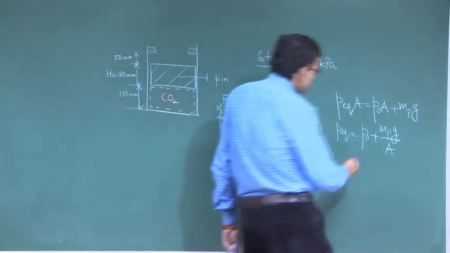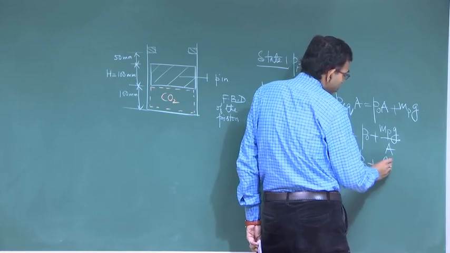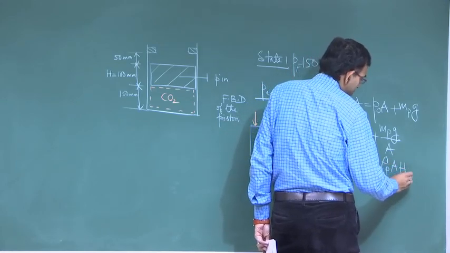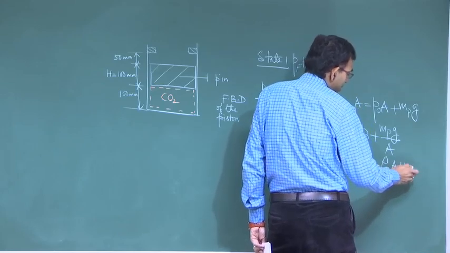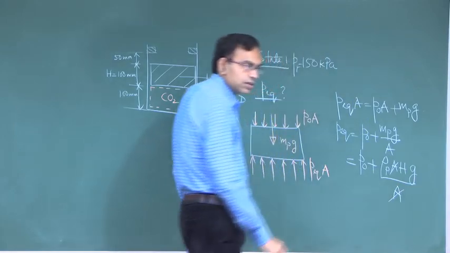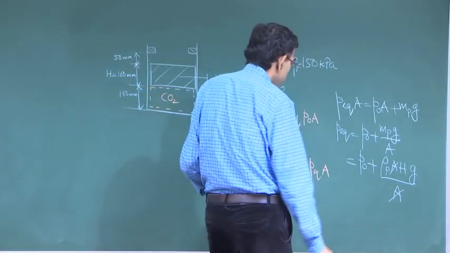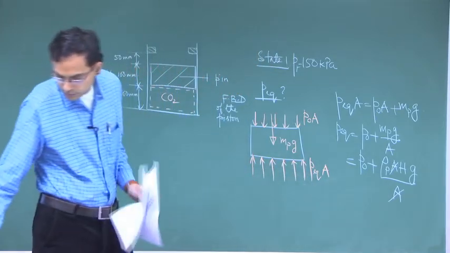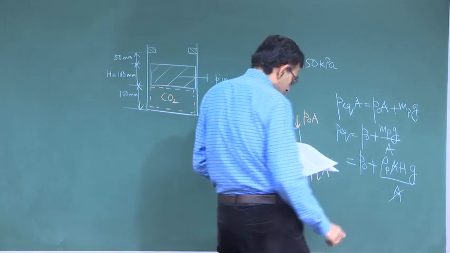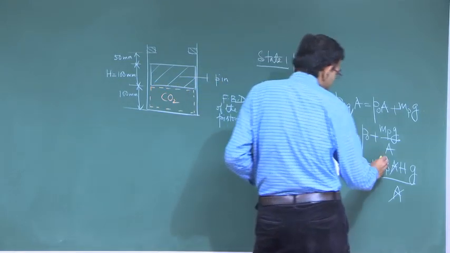The mass of the piston you can calculate as density times volume. So, rho piston times A times H, this is the mass. So, A is not required. Density of the piston, what is given? Let us mark out these values. Density of the piston is 8000 kg per meter cube.